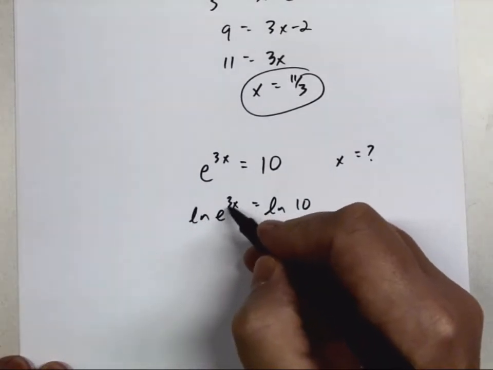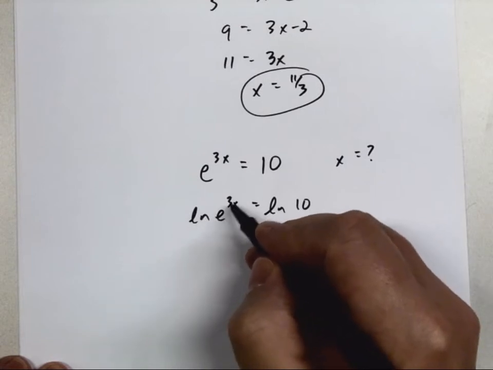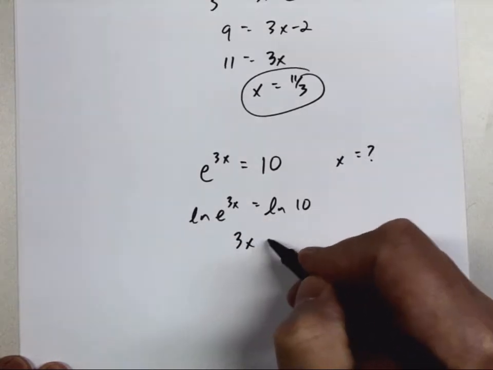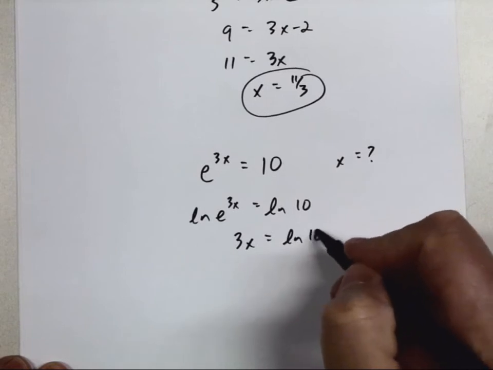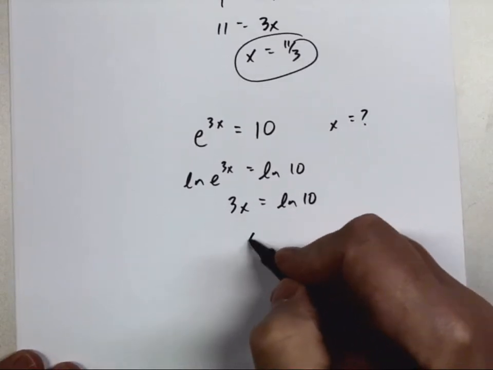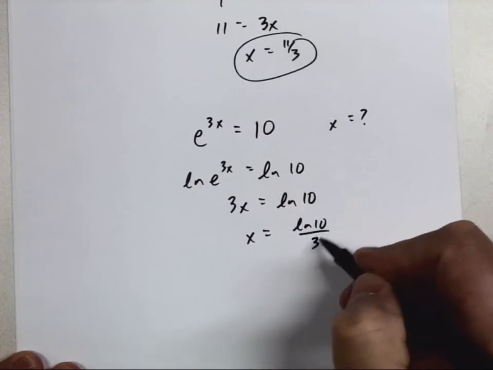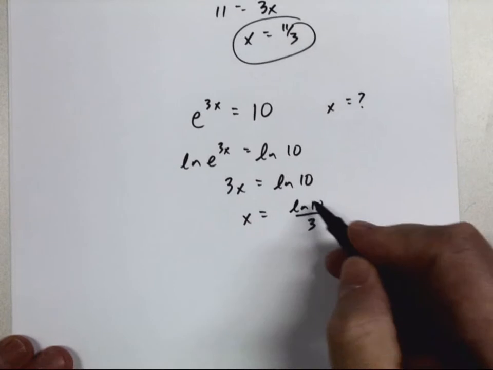Natural log of e to 3x. Remember, the base of my log is the same as the base of my exponent, so it's just 3x equals natural log of 10. And here they ask for an exact answer. So they don't want a decimal here, they just want to leave it like this.